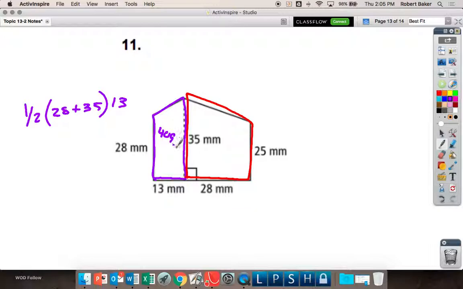Do the same thing to the other side. Same thing for the red trapezoid, just a little bit of different numbers. 1/2 the first base plus the second base, plus 35, times the height.